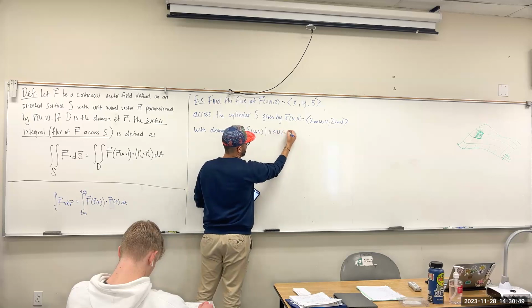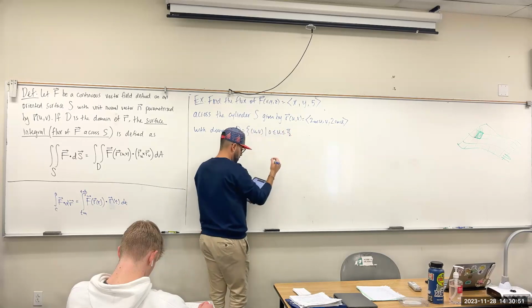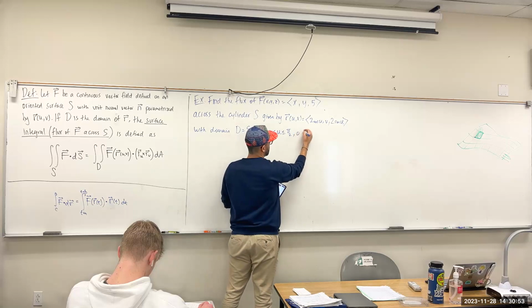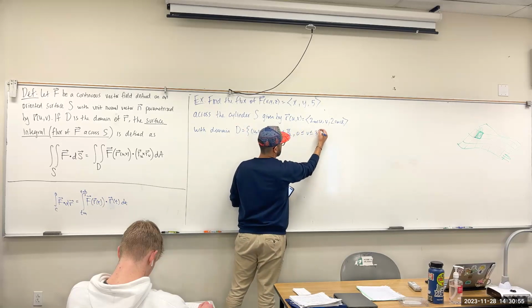So u will vary from 0 to pi over 2, and v will go from 0 to 3.